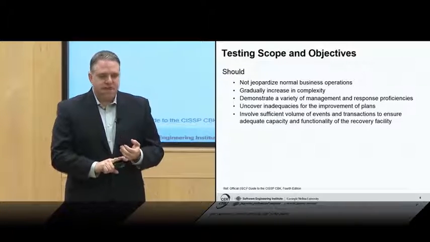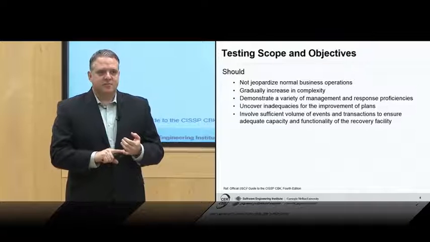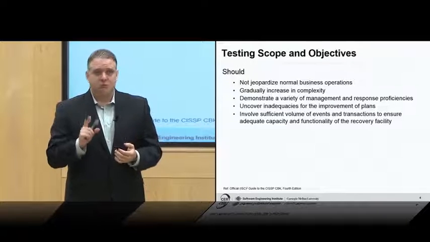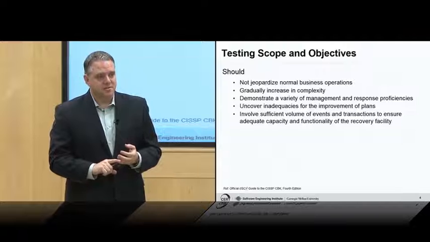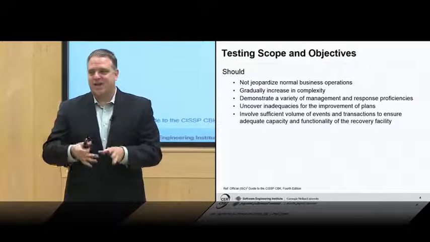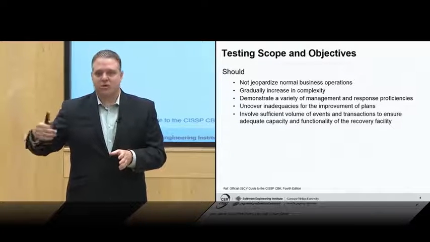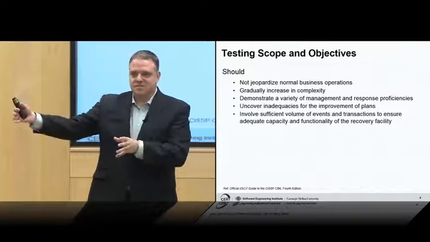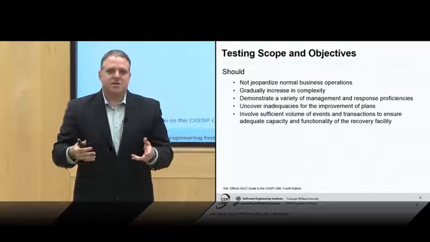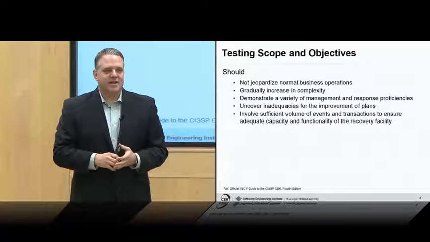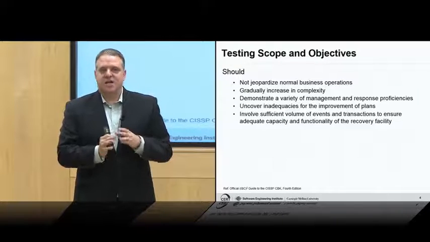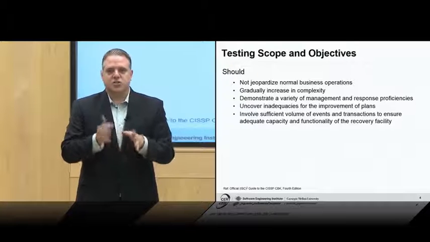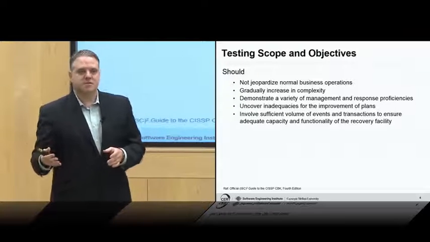But from a test perspective, first and foremost, you don't necessarily want to jeopardize normal business operations. Again, if the point is to exercise a business continuity plan or communications plan, you don't want to bring everything down just to test it. You're kind of inducing moments of panic and all of that in there. So generally speaking, with recovery exercising, you don't want to jeopardize normal business operations.